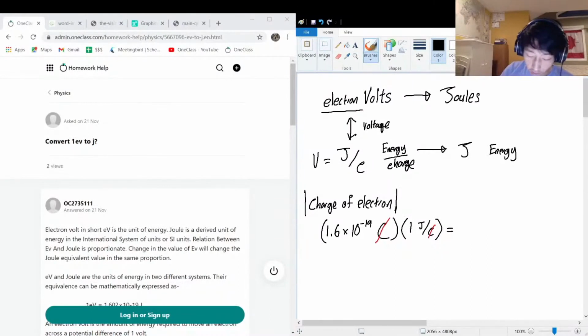So we know that 1 electron volt is 1.6 times 10 to the negative 19 joules. Now, let's say we want to go the other direction. I'll write this out like the value of 1 EV. EV means electron volt.